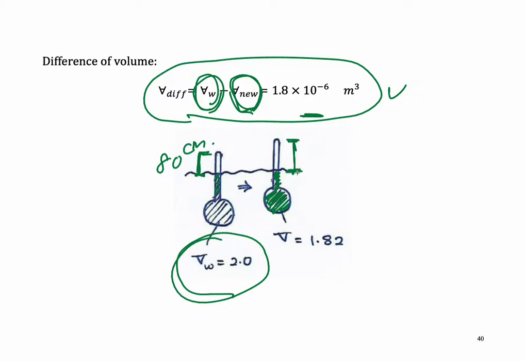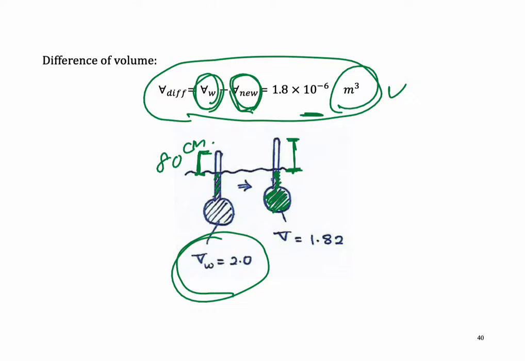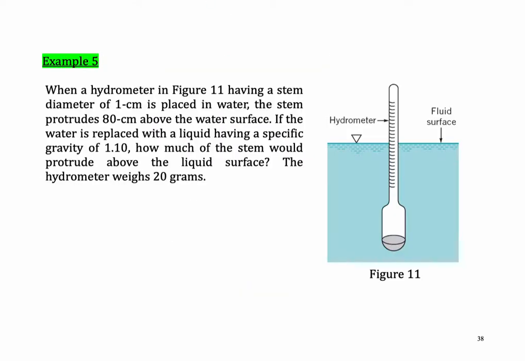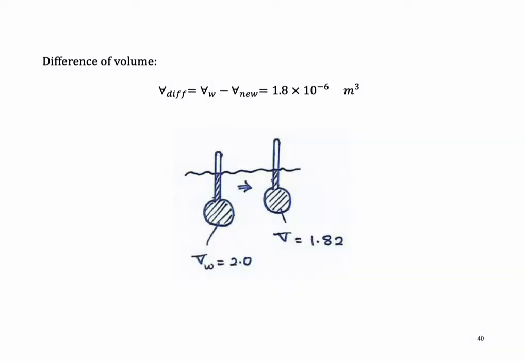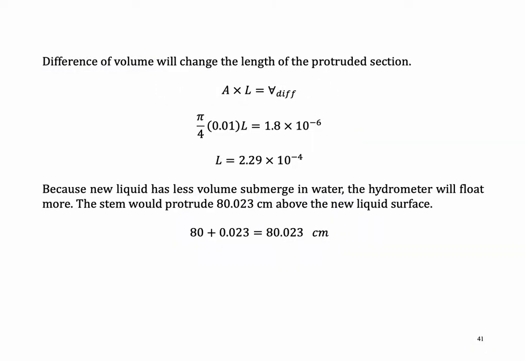Okay, however, what we get here is the volume. So what is the relationship between volume and height? We know that this stem has 1 centimeter diameter. According to that information, we could calculate the protrusion height. The idea is that the difference of volume will change the length of the protruded section.